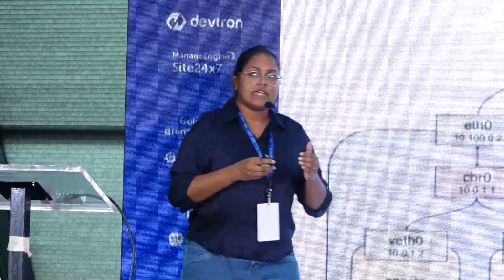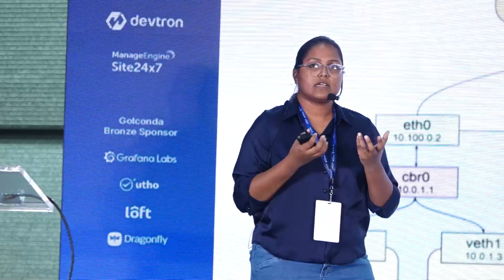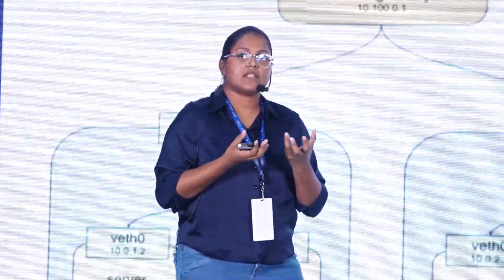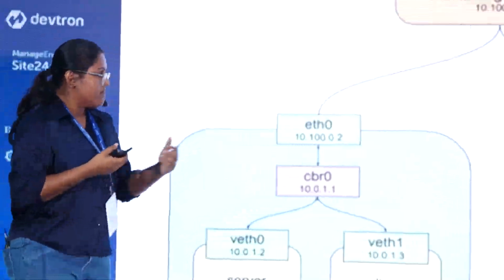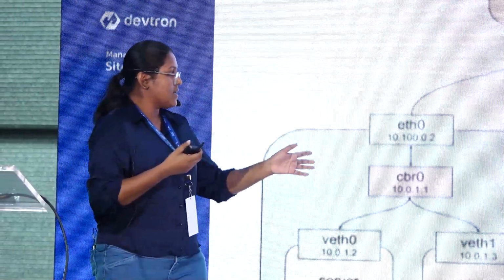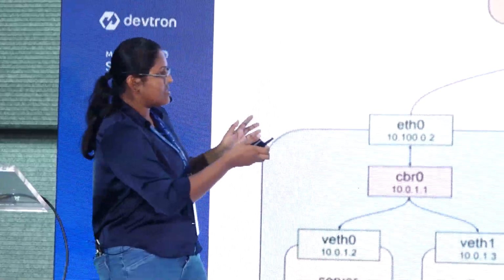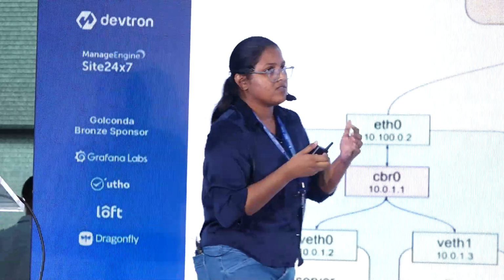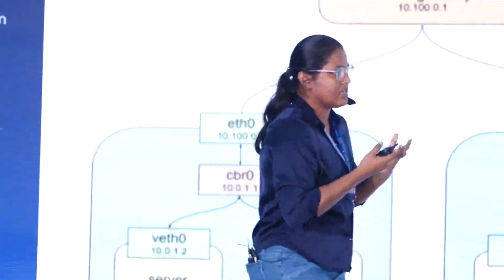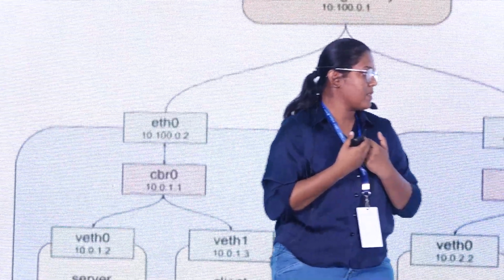We know in networking, a bridge is used to connect devices in the same network. It's just like a switch in physical networking. So with the bridge, we connect these ports together, and we have two nodes here. These two nodes are connected using a gateway. A gateway is basically used to connect two different networks together.